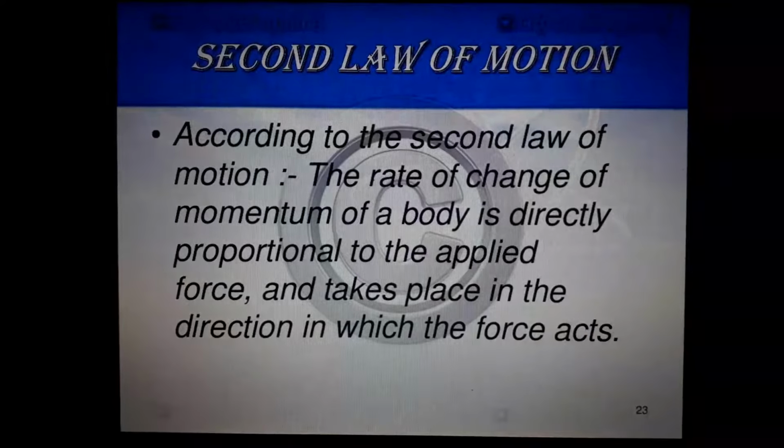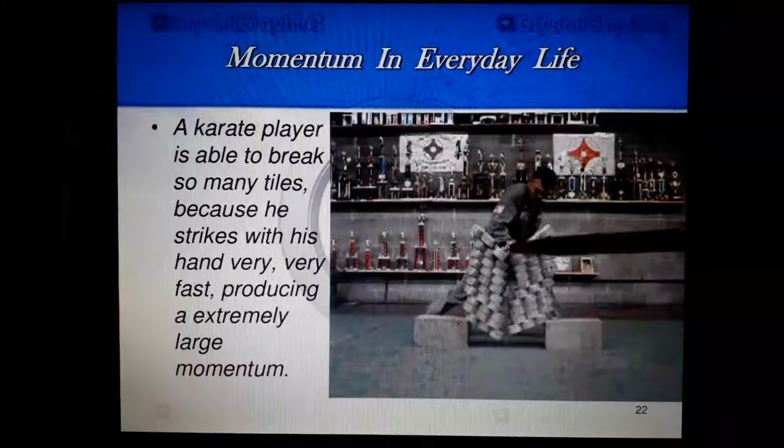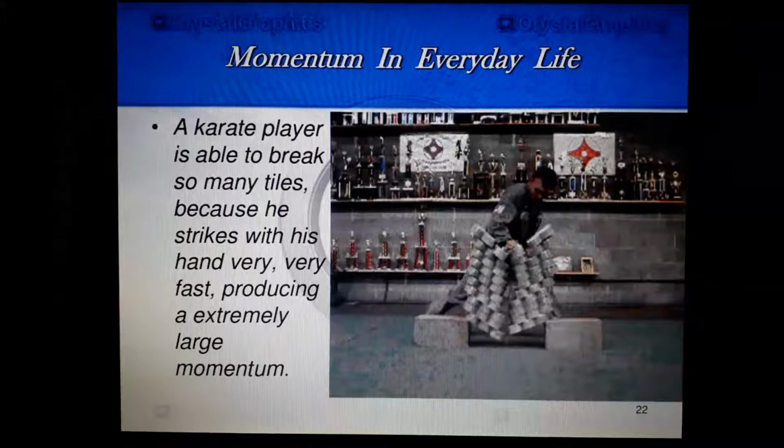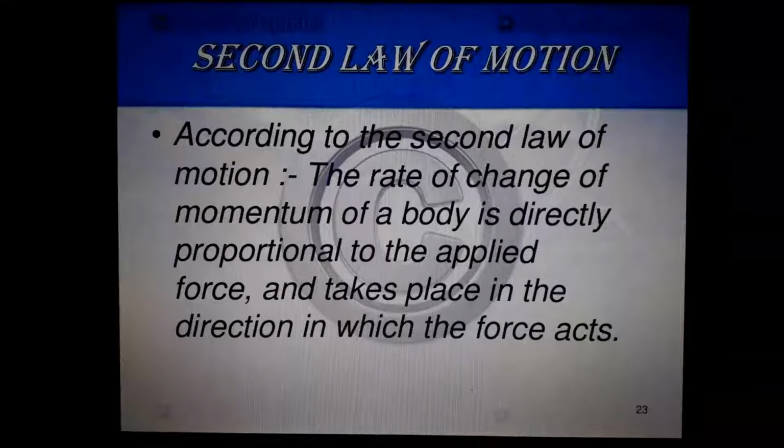And takes place in the direction in which the force acts means in whichever direction we are acting the force. In this case, he is acting the force here, so the momentum goes in this direction. Understand? That is the explanation of the second law. The rate of change of momentum means momentum divided by time, and it is directly proportional to the applied force.